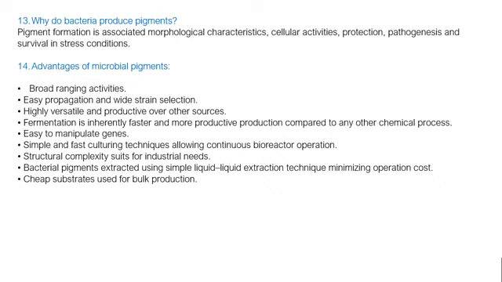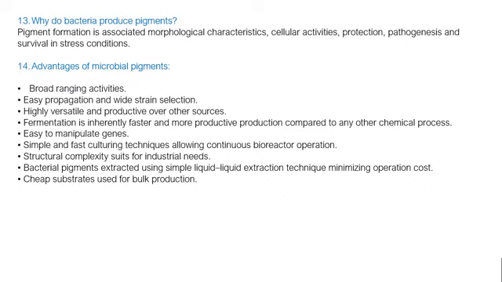Okay, so what are the advantages of these microbial pigments? Why microbial pigments? Okay, so they have broad range activities, they are easy to propagate and wide strain selection, highly versatile and productive over other sources. Fermentation is inherently faster and more productive compared to any other chemical process. Easy to manipulate genes. If you want more pigment production, then you can manipulate genes and you can get the high yield.